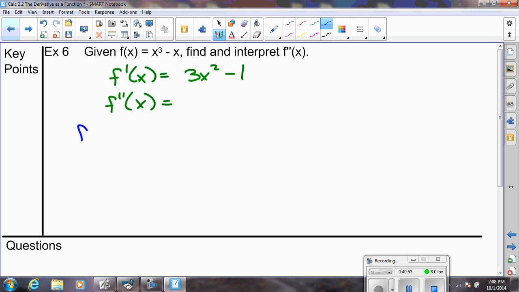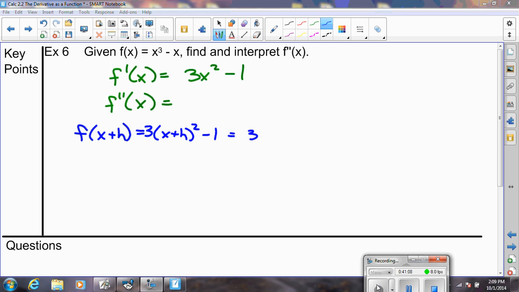So let's start off with f of x plus h. This will equal 3(x plus h) squared minus 1, which we could expand: 3 times x squared plus 2xh plus h squared, minus 1, which would then give us 3x squared plus 6xh plus 3h squared minus 1.